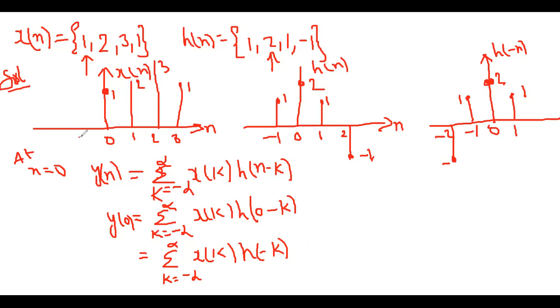In this x of n, observe that at minus 1 it is 0, and at minus 2 it is 0. Now I can multiply the values. At minus 2, 0 into minus 1, so 0 into minus 1 plus, and at minus 1 the x value is 0, 0 into the value of h of minus n, which is 1, plus, and at 0 the x of n value is 1 and the h of minus n is 2.